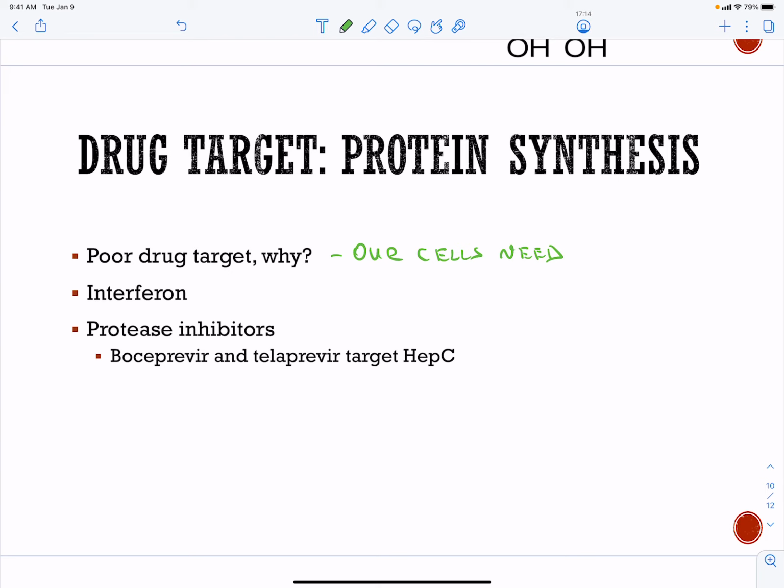Protease inhibitors have replaced interferon therapy for hepatitis C. So now instead of interferon, you treat patients with protease inhibitors. However, this is very expensive. So in many areas of the world, interferon is still used.